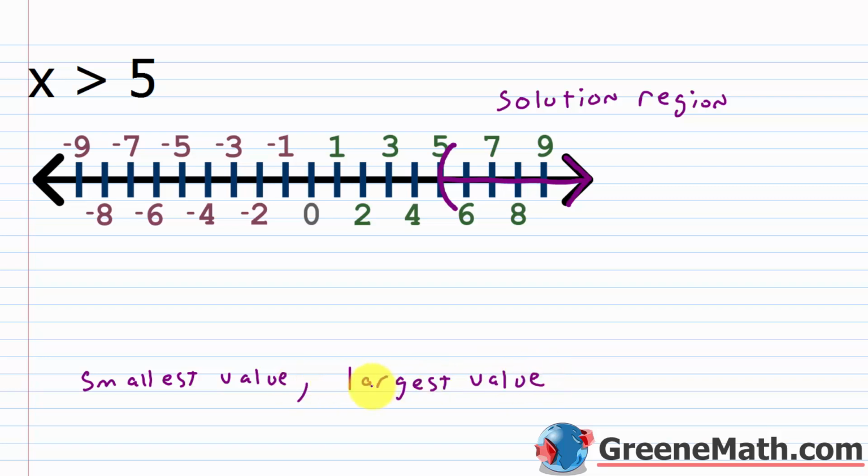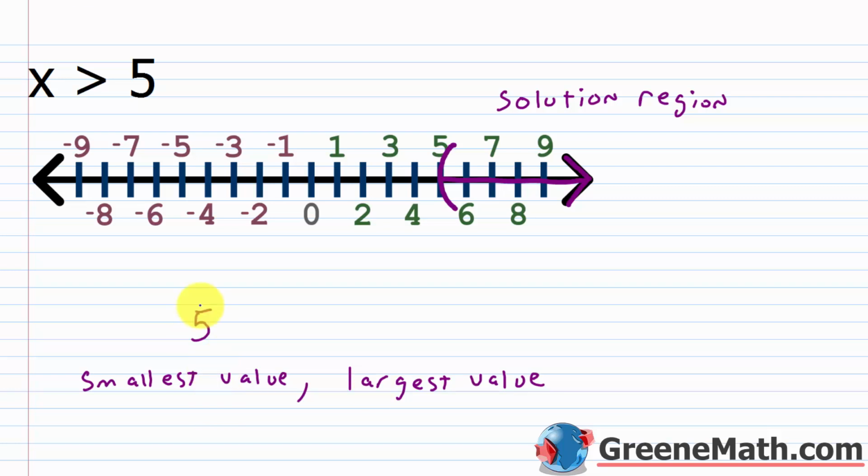Now, in this particular case, you don't really have a smallest value, right? Because if you think about it, 5 is your boundary, but anything larger than 5 works. So 5.00000001 works, or 5 point, you can extend a million zeros and then put a 1, that works. So for the smallest value, we just put 5, because that's as close as we can really get.